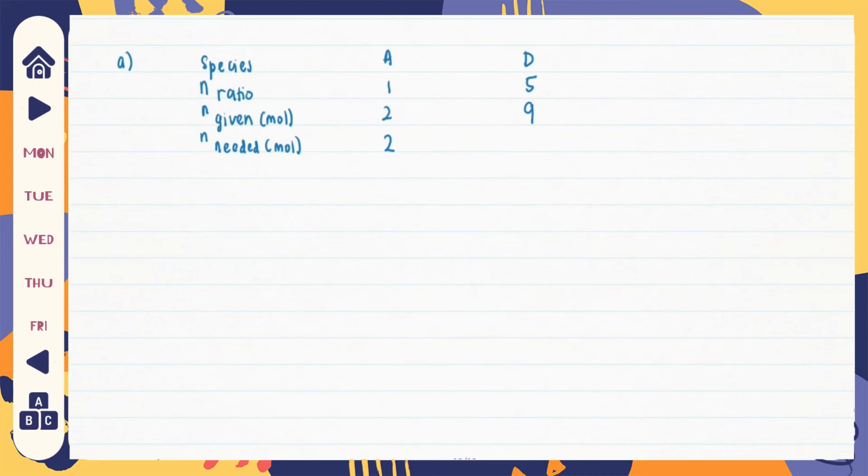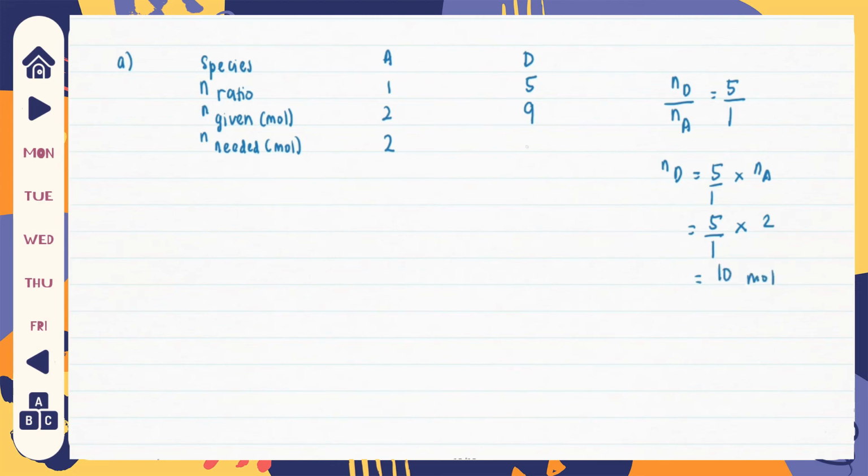For D, we use the mole ratio. Mole D to mole A is equal to 5 per 1. So mole D is 5 per 1 times mole A, which is 5 per 1 times 2, equals 10 mole.